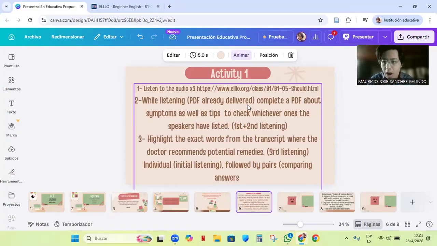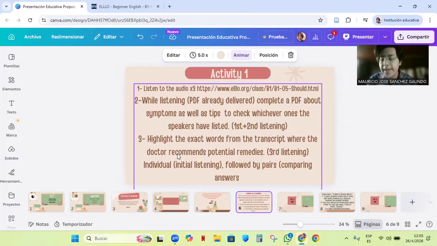Now, we're going to listen a third time. In this third time, you will highlight the exact words from the transcript that is in the PDF that I already delivered to you, where the doctor recommends potential remedies. Remember, you have to highlight the exact words from the transcript. Now, pay attention.